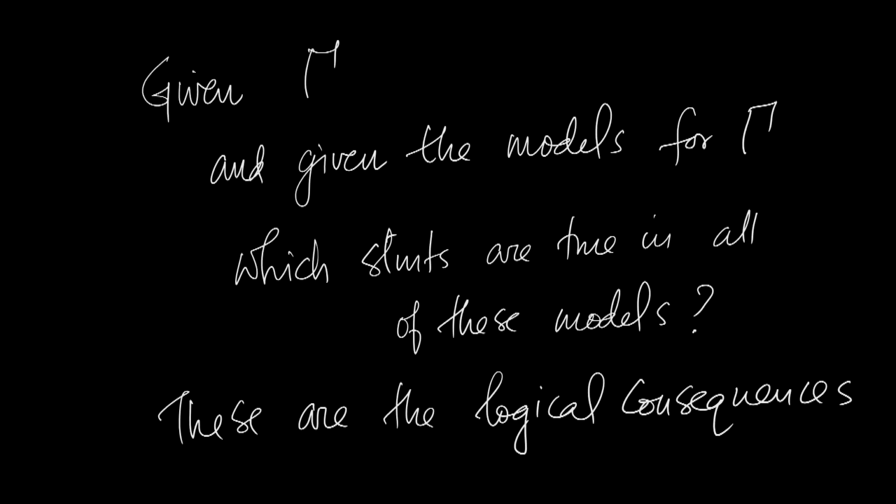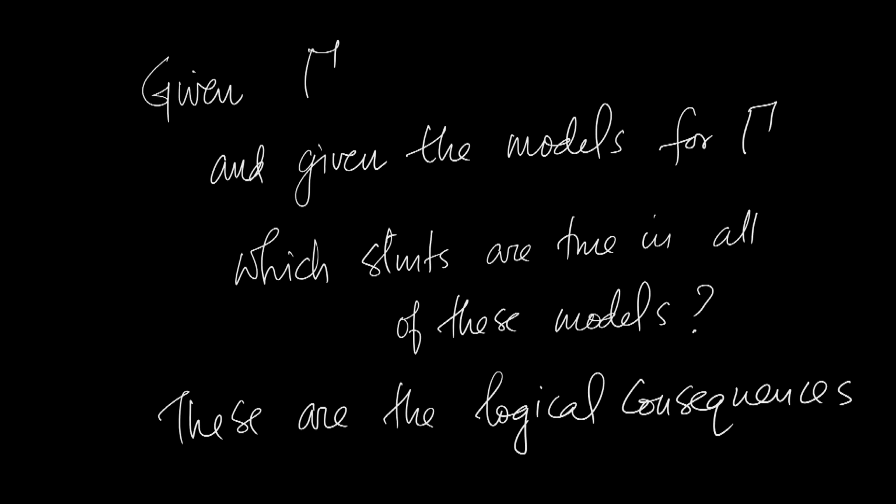What is the logical consequence of a formula? Beta is a logical consequence of alpha if beta is true whenever alpha is true. That is, any interpretation context pair which makes alpha true will also make beta true. That is when we say that beta is a logical consequence of alpha. Now, when we are given a set of formulae gamma, we say that alpha is a logical consequence of gamma if any interpretation context pair which makes every single statement of gamma true will also make alpha true.